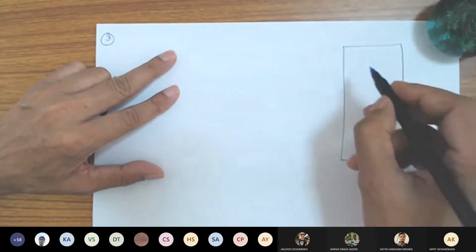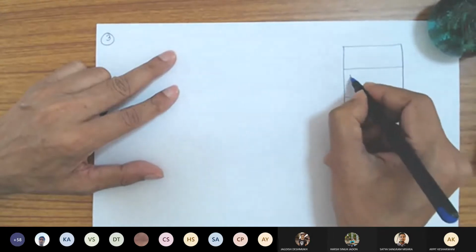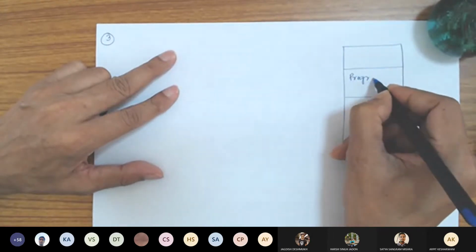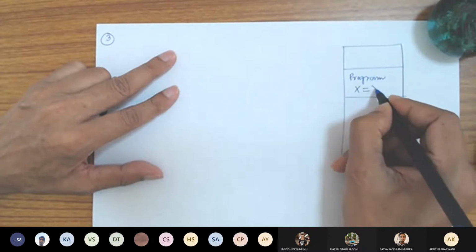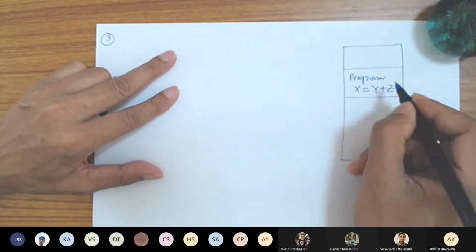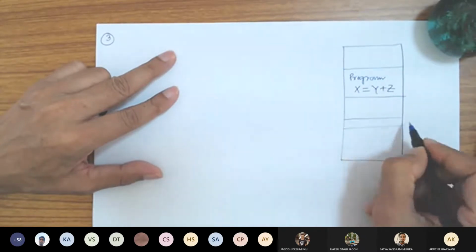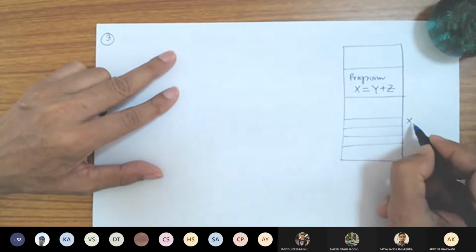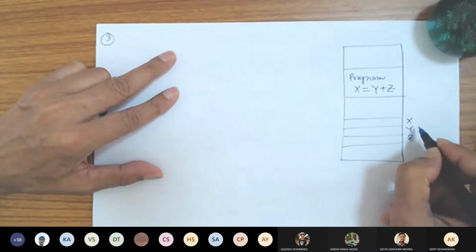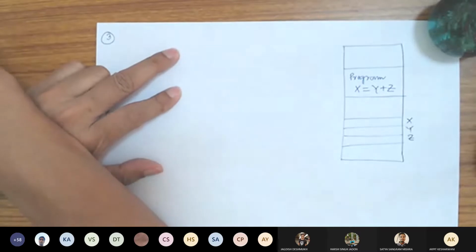Let's assume that the operating system has given you the facility. Your program is here. This is your program for X equals Y plus Z, or A equals B plus C. And here are your variables X, Y, Z. They are names, so you can always refer to them by addresses.